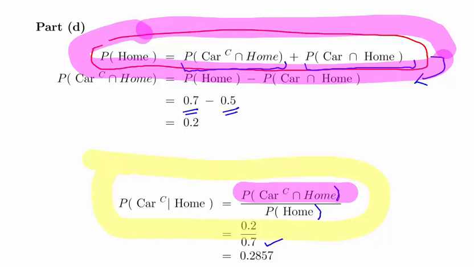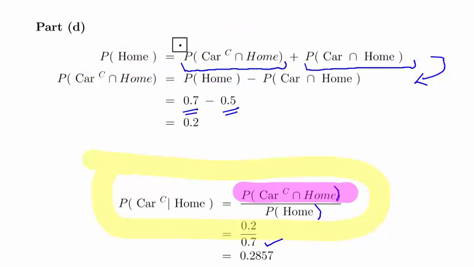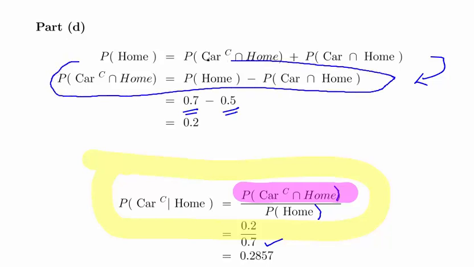On the second line I'm just rearranging it algebraically, so it's directly equivalent to the formula just above. We know P of home because we're told it, and we worked out earlier that car and home is 0.5.